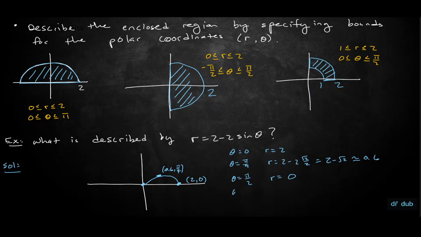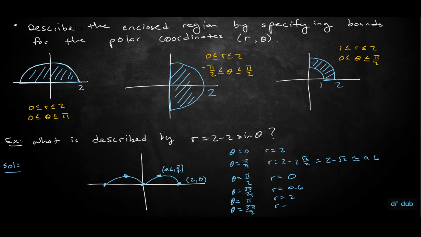Let's see, if we pick theta equals 3 pi over 4, we get r equals 0.6 again. So we kind of come back out this way. And if we pick theta equals pi, that'll be r equals 2 again. Let's back out here. And let's say we pick theta equals 3 pi over 2.